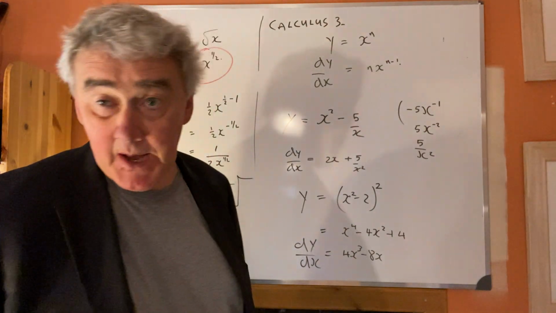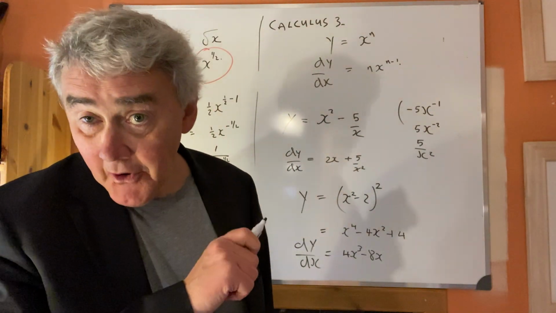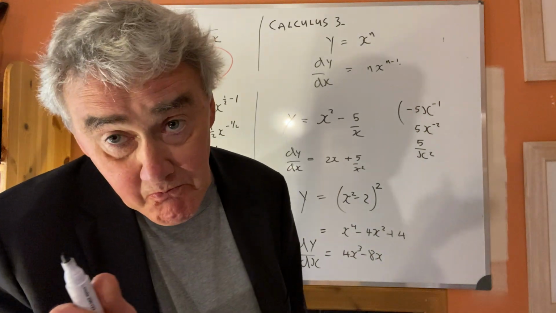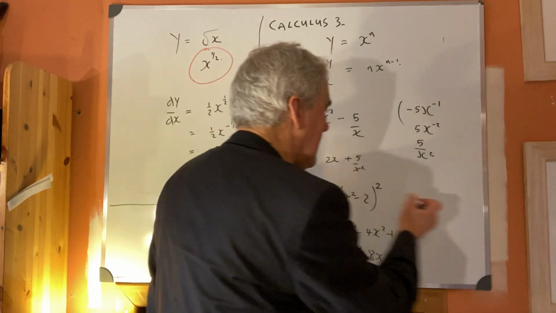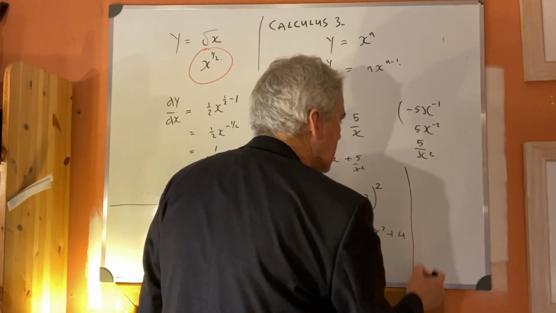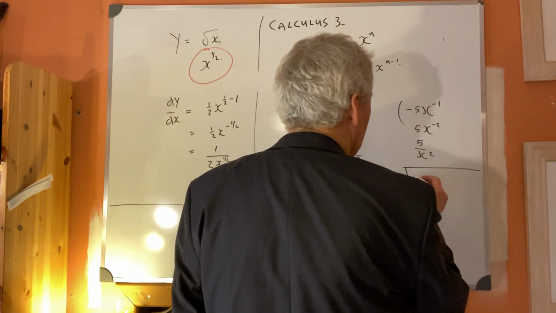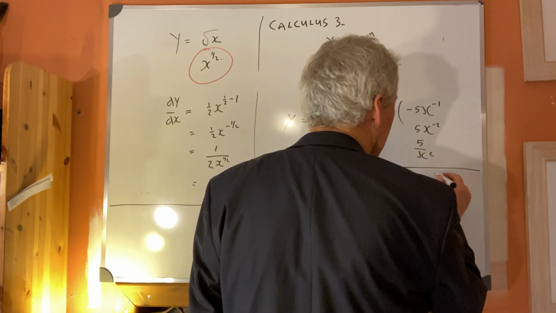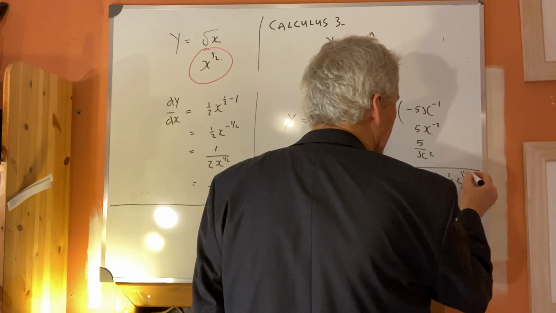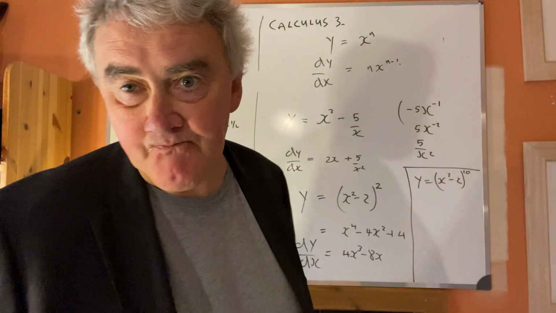And that's that. However, we can always, in theory anyway, do that. But let's say we had y equal to x squared minus 2 to the 10, like that.